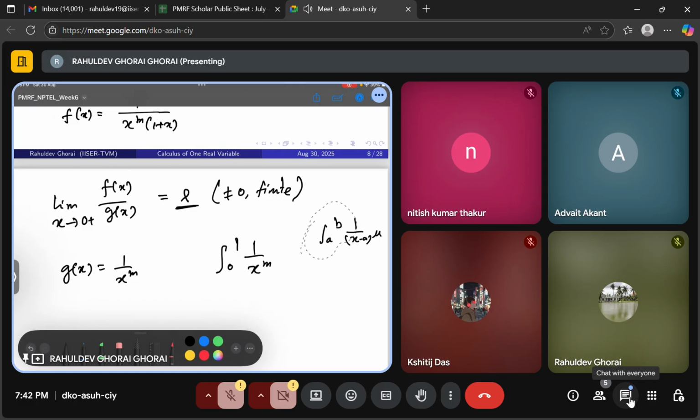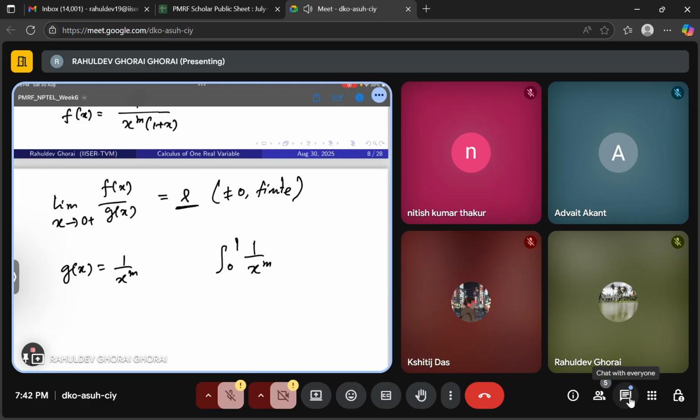So we know when it will converge or diverge. So when is that? It converges when m is less than 1, right? Correct. Convergence only when m is strictly less than 1, otherwise it diverges, right?